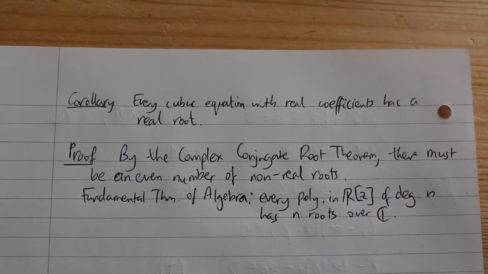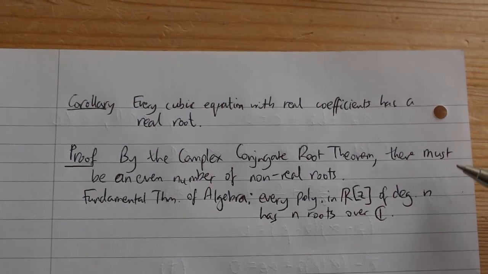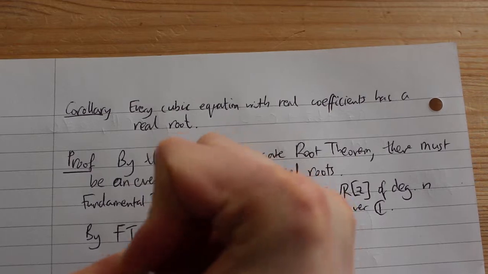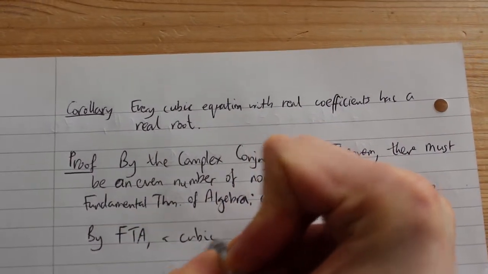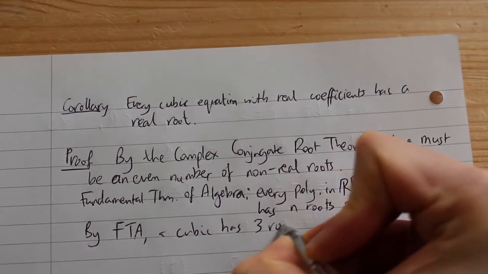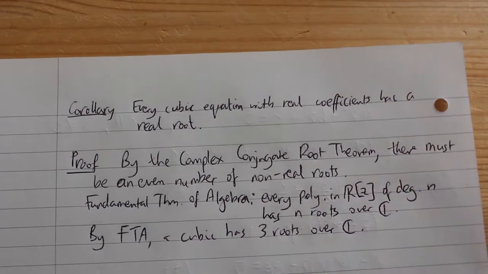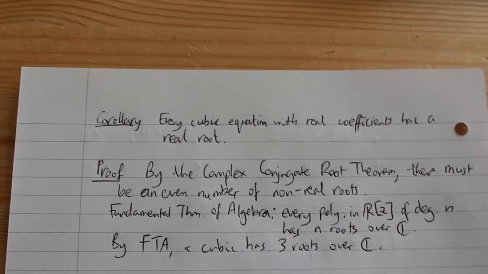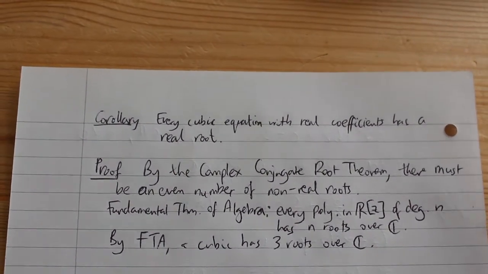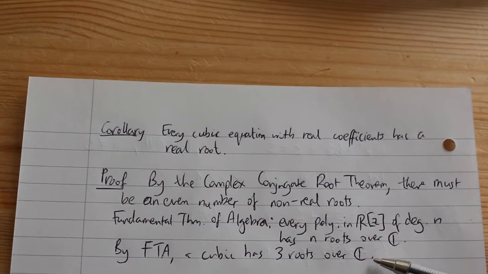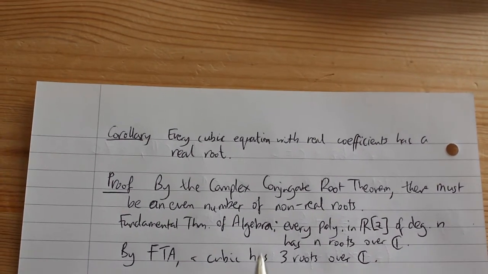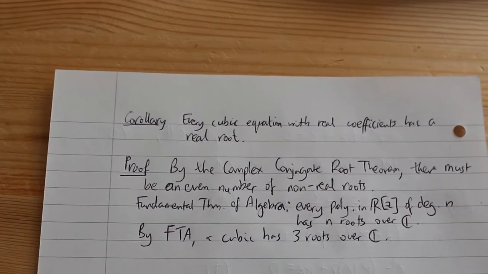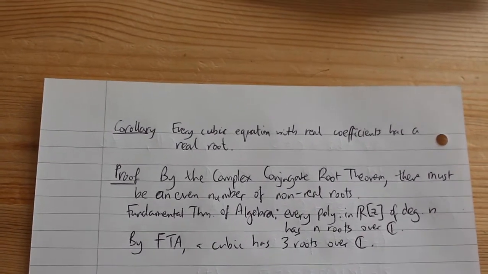And we know there are an even number of non-real roots. So a cubic, by the fundamental theorem of algebra, has 3 roots over C, counted with multiplicity, which just means we might have a repeated root, a double or triple root, but we know there are 3 roots, and an even number of them are non-real.